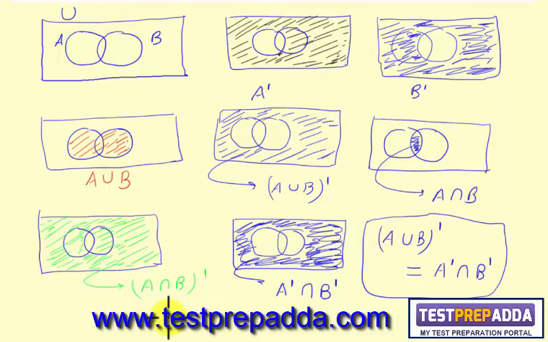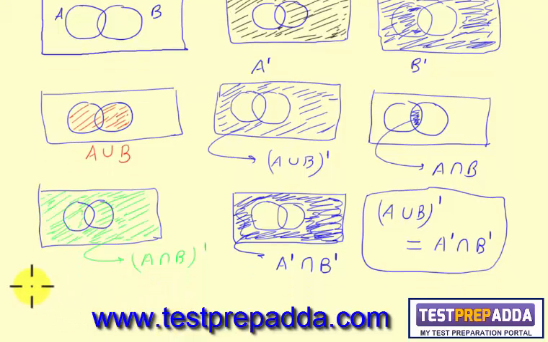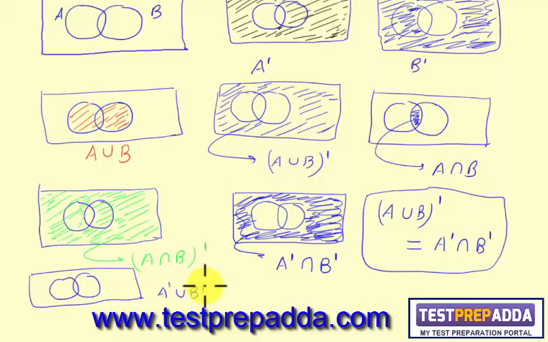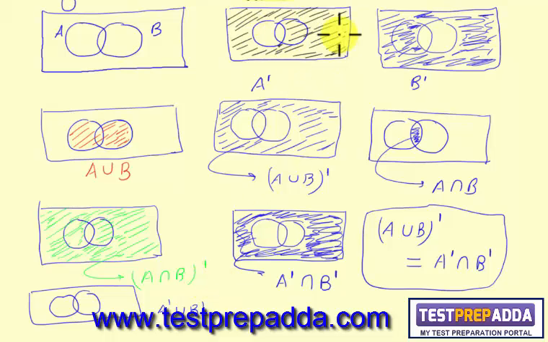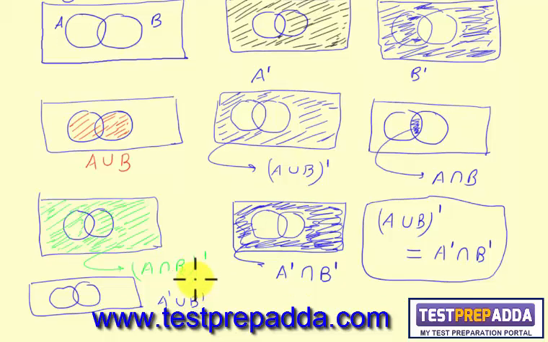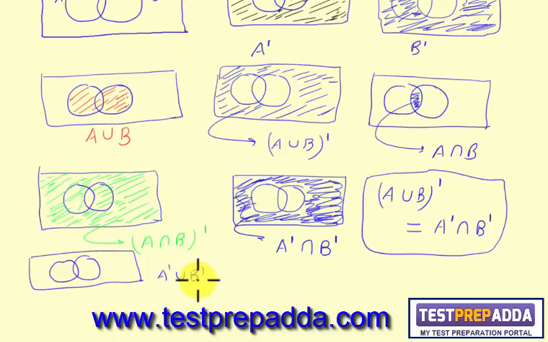Now, similarly, if I try to find A dash union B dash, it will be what? We are aware of A dash, the complement of A. We are aware of the complement of B. So we have to select those elements which are either in A dash or in B dash.